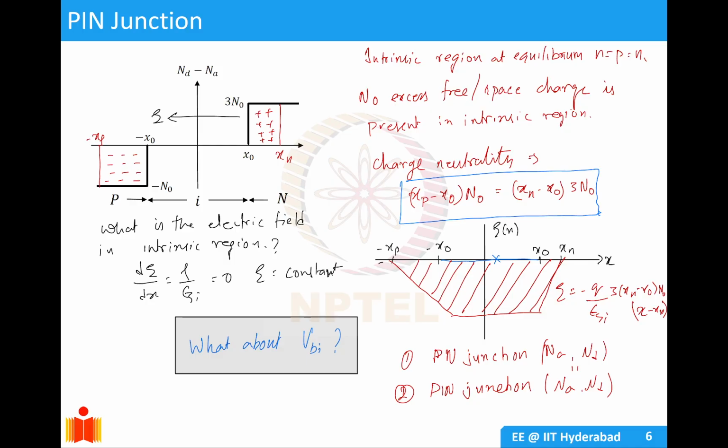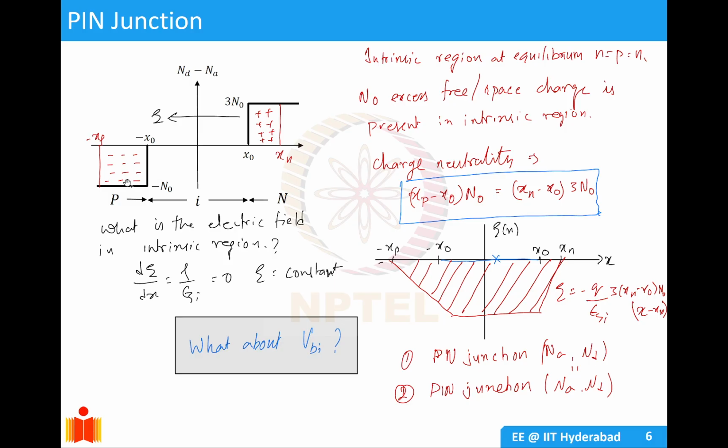If the electric field is constant, our potential will increase linearly in this region, which would mean our built-in potential will depend on the length of this region, the length of the intrinsic region, as our depletion regions will be the same as before.